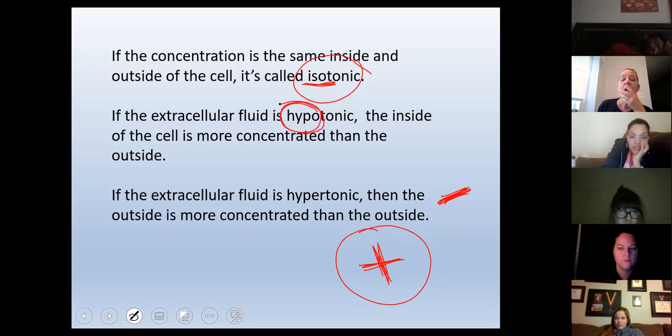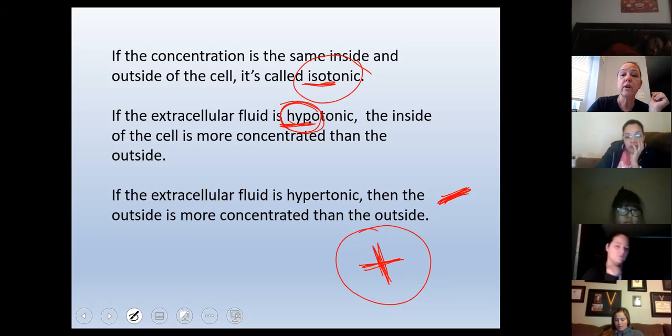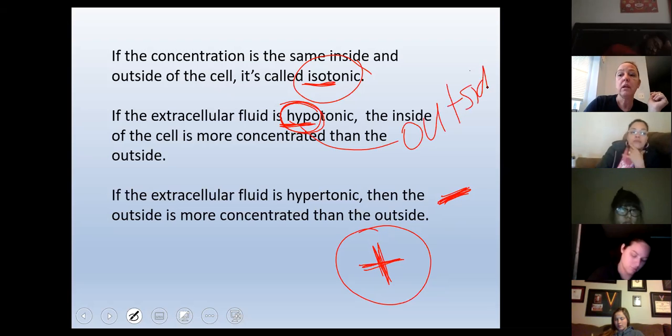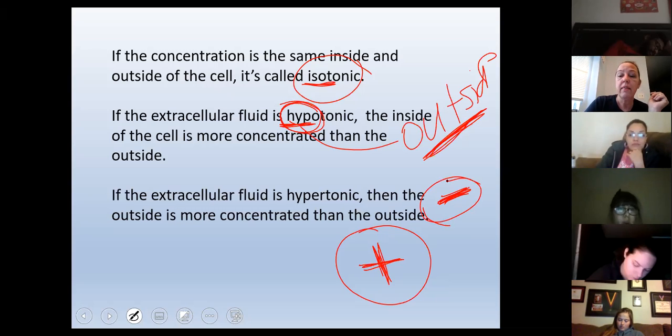Low. Lower than. These are always referring to the outside. So hypo means the outside is lower than the inside.